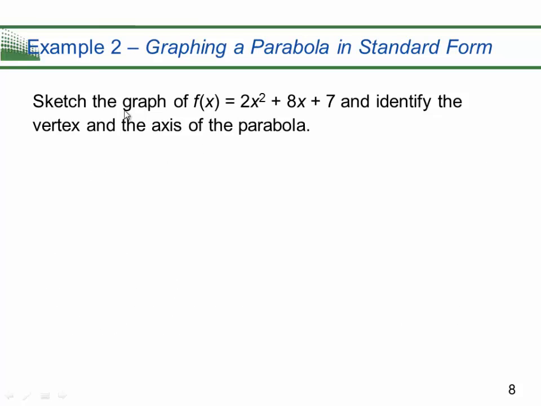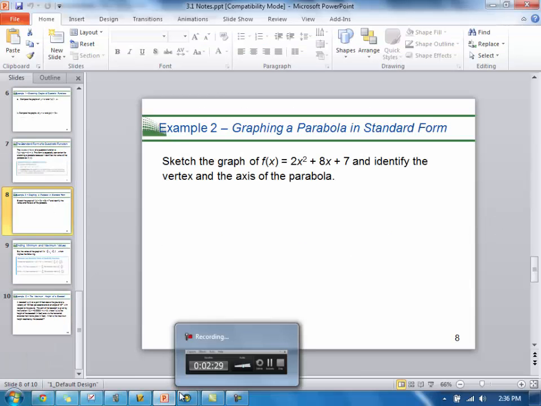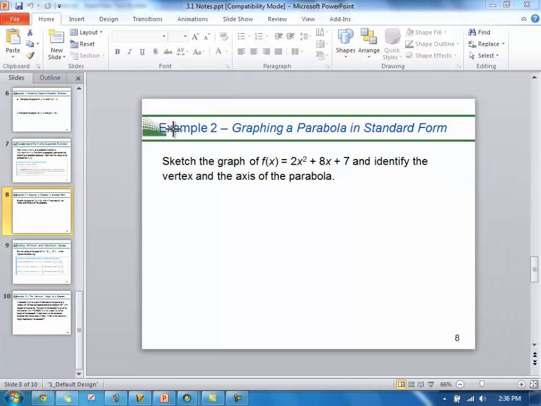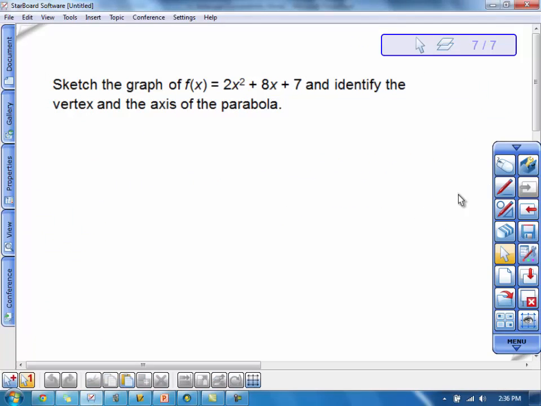If you're trying to sketch a graph in standard form that's not in vertex form, without going through all the work of putting it in vertex form, the other piece of information I want you to know is that the x-coordinate for the vertex is at negative b over 2a. So for this one, when you're trying to find the x-coordinate for the vertex, that is always at negative b over 2a.